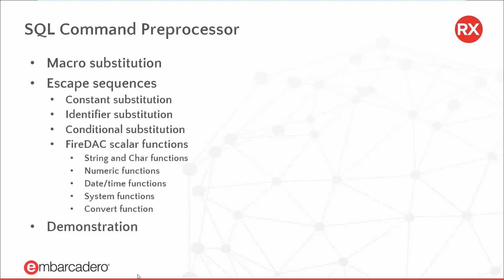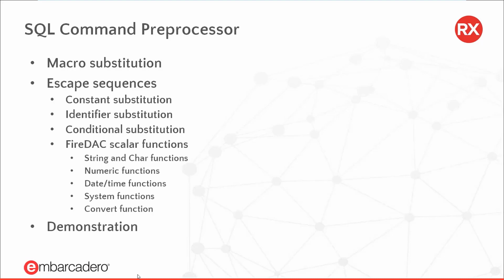As a SQL programmer, you're familiar with the fact that different database servers have different dialects. And the SQL command preprocessor lets you go a long ways to supporting multiple databases without changing your code.